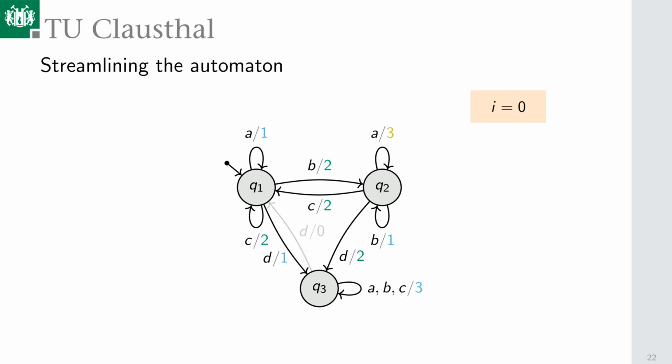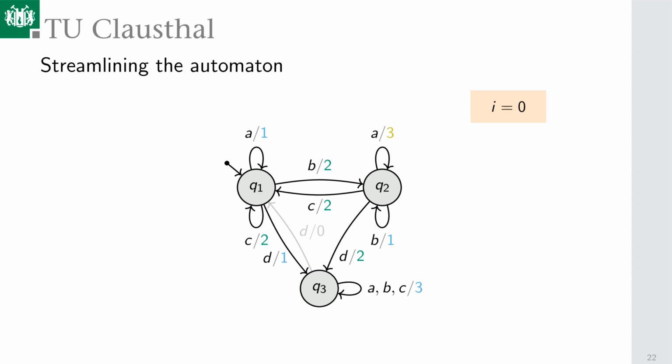The streamlining construction now does the following. Whenever a transition has been recolored, it is removed from further consideration, and it is never recolored again. The algorithm now only switches to the next color if no change was previously done to the automaton.